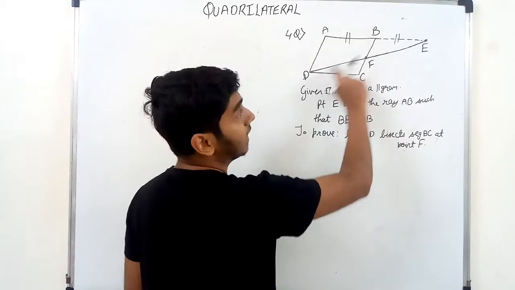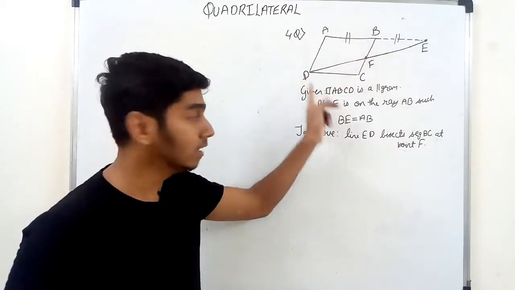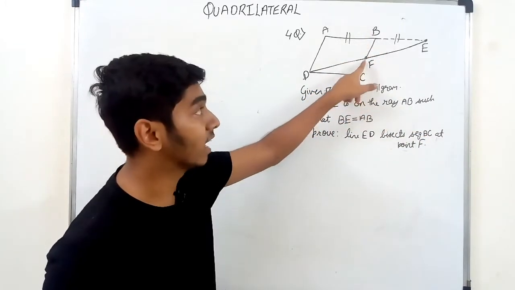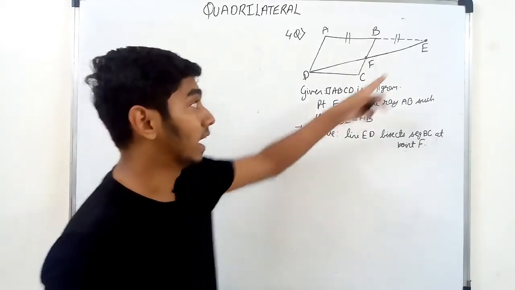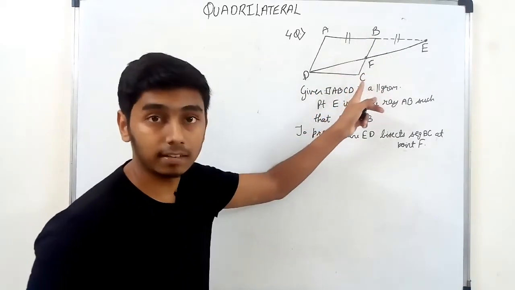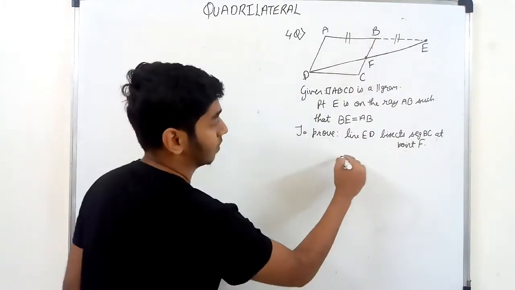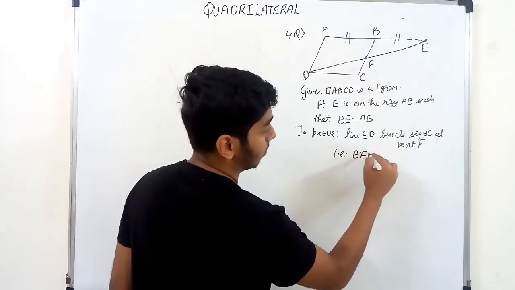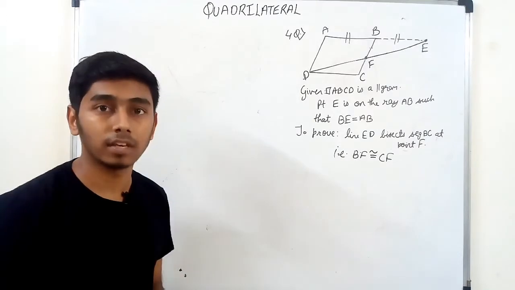Okay, what is to be proved? That line ED, so what is ED? This is ED, correct? ED bisects BC at F. That means what are we supposed to prove? That ED bisects BC, right? So we have to prove that BF is congruent to CF. Yes or no?